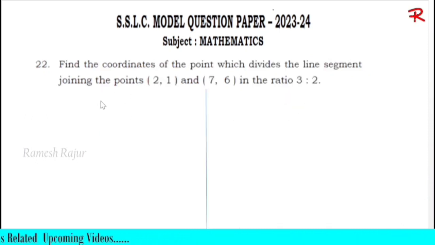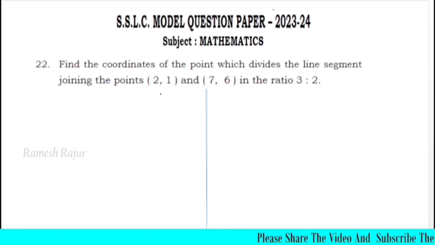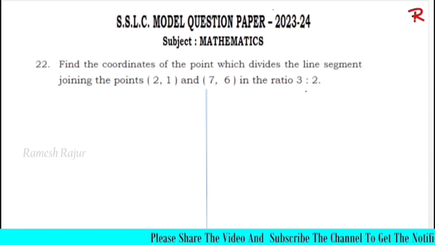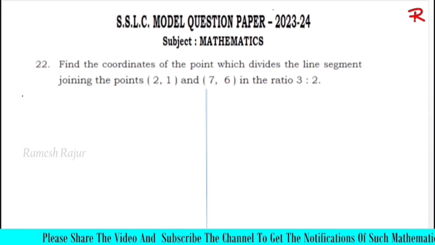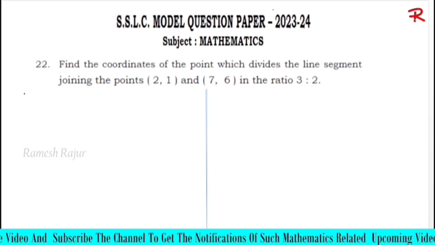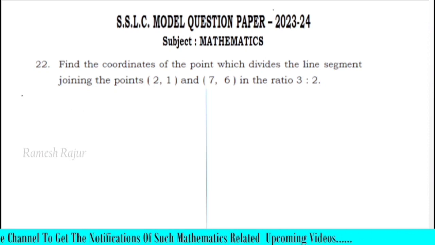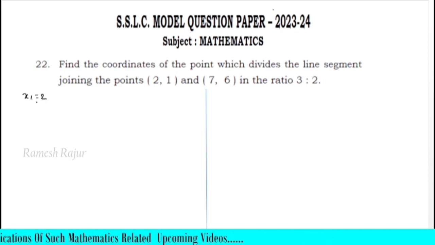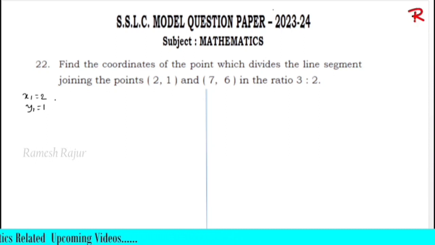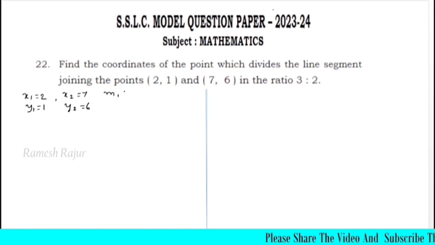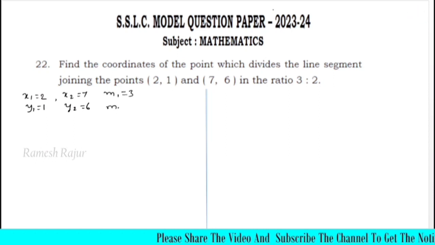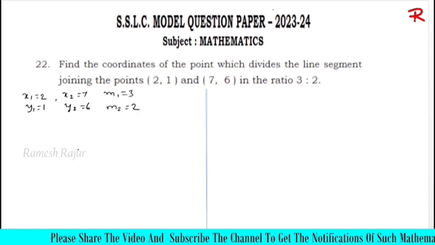In the next question, we have to find the coordinates of the point which divides the line segment joining the points 2, 1 and 7, 6 in the ratio 3:2. Here, we have to use the section formula, that is x1 is equals to 2, y1 is equals to 1 and x2 is equals to 7, y2 is equals to 6 and m1 is equals to 3 and m2 is equals to 2.